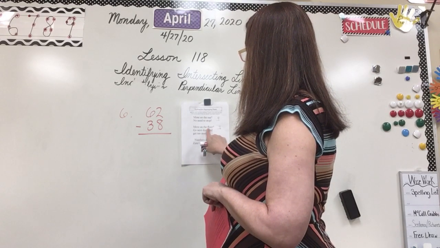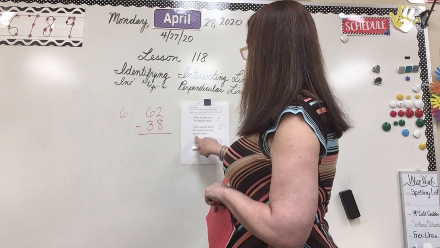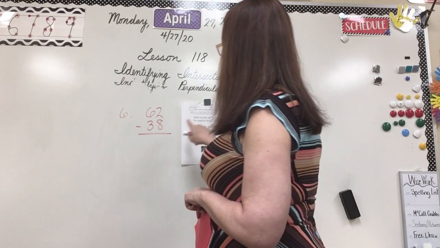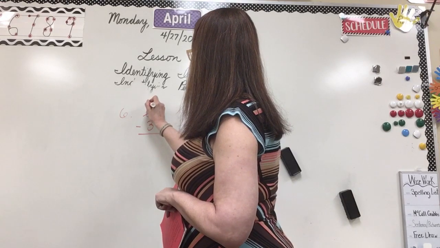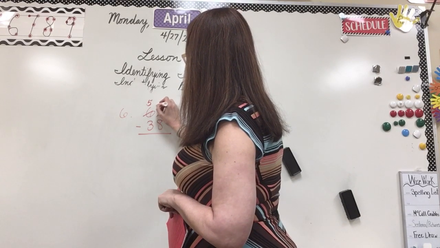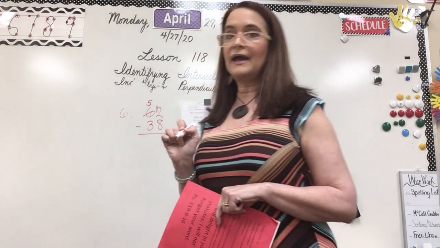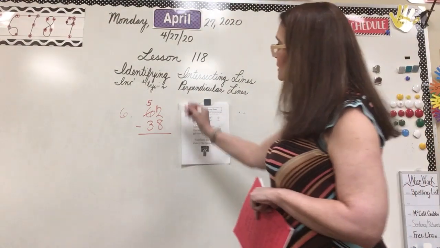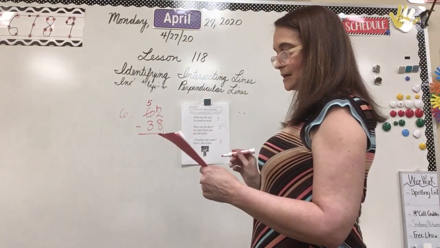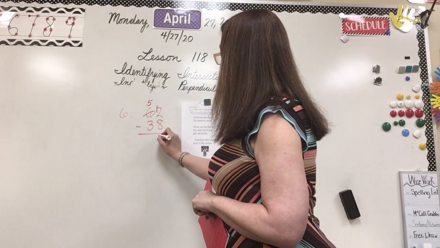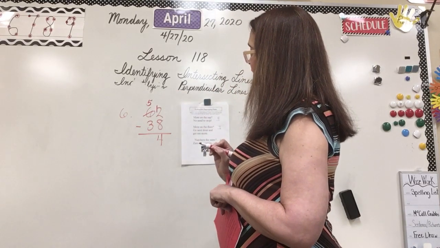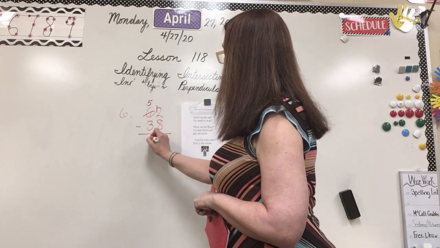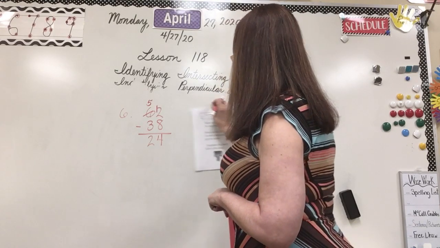More on the floor? Go next door and get 10 more. So I have to go next door, borrow 10 from this guy, bring it back over. Now I am ready to subtract. 12 minus 8 is what? Correct, 4. 5 minus 3 is 2. Answer is 24.